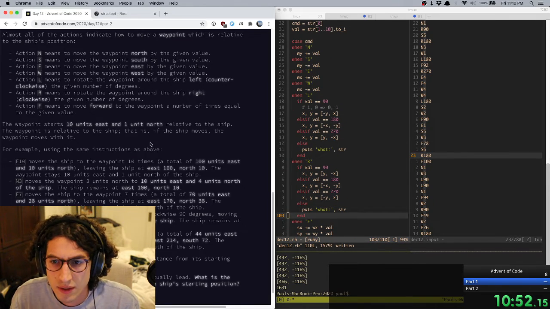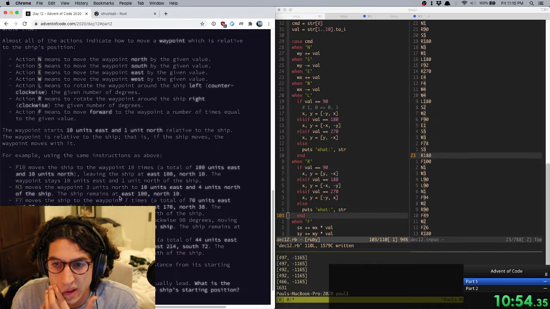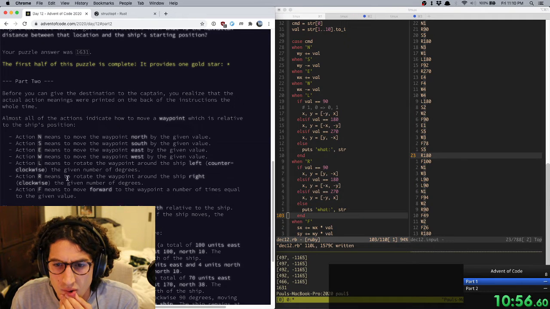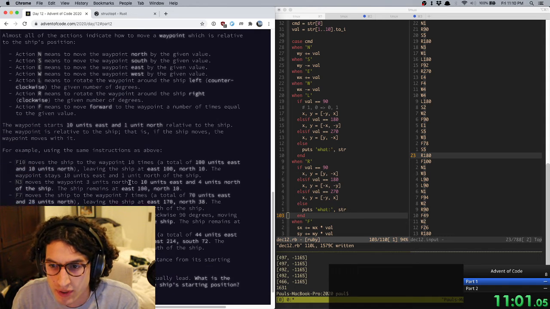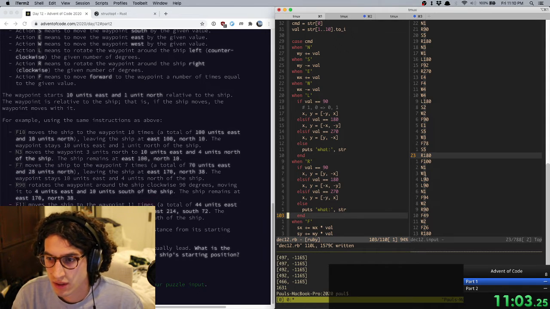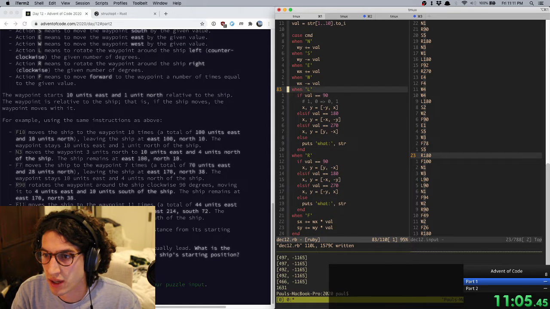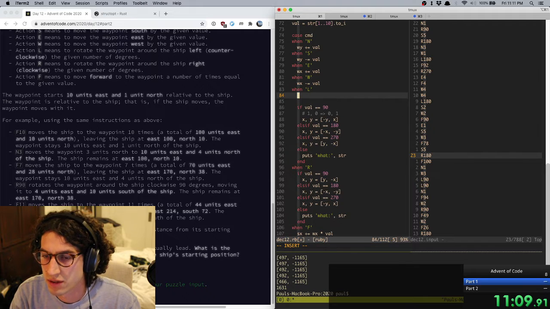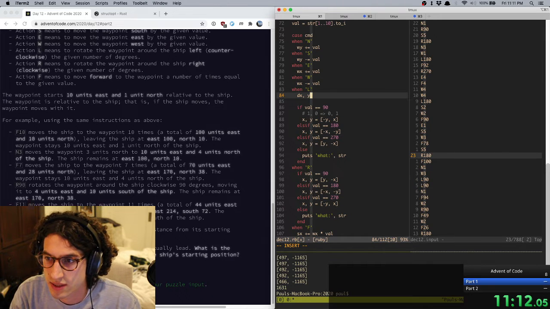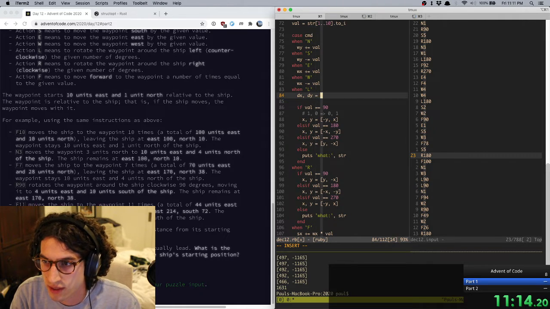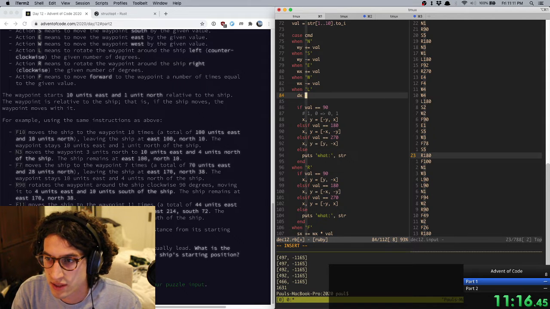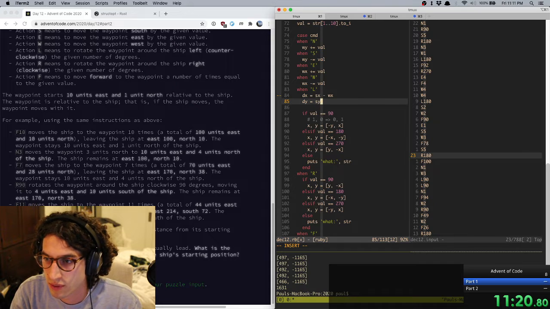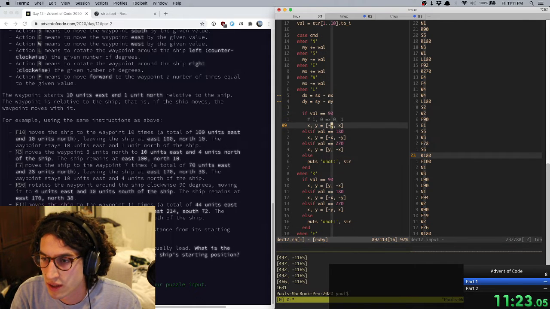Okay. So then around the ship. dx, dy: dx equals ship x minus waypoint x, dy equals ship y minus waypoint y.